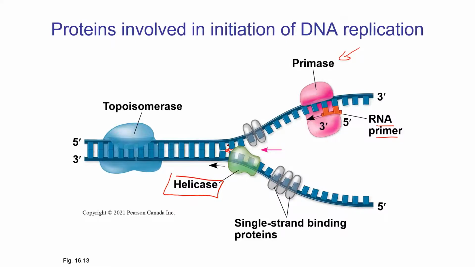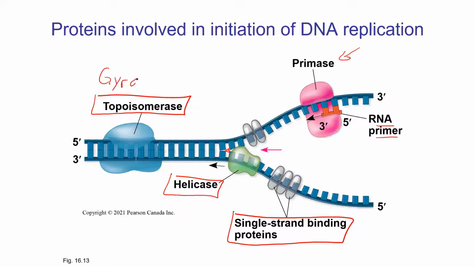The DNA wants to reattach to itself. So we have single-stranded binding proteins that hold the DNA in a single-stranded conformation until the DNA polymerase can get in there. The last one is called a topoisomerase, sometimes also called a gyrase.